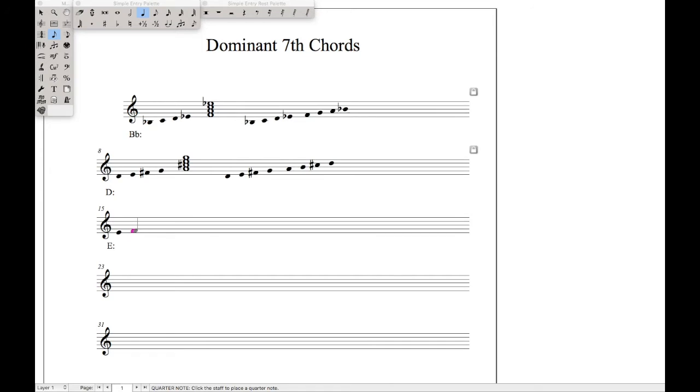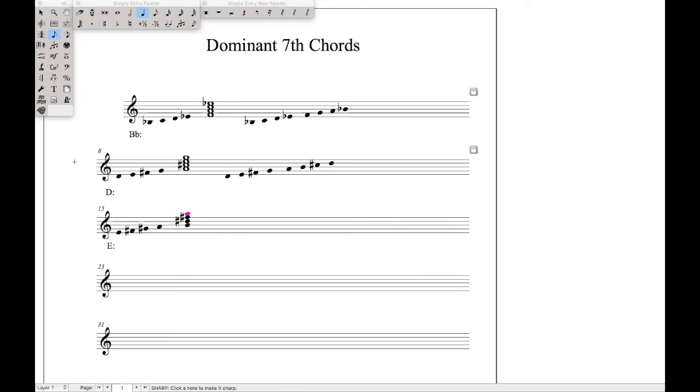E going to F sharp. There's my F sharp. Then G sharp. Then I've got A. Then I've got B. And it's from that note that I'm going to build my dominant seventh chord. So even though I'm in E major, I'm going to end up with a chord built on B. And that's my dominant seventh chord. Just one of those things.